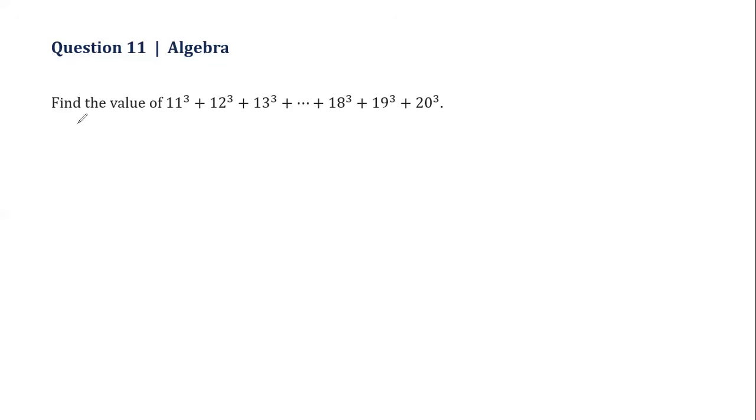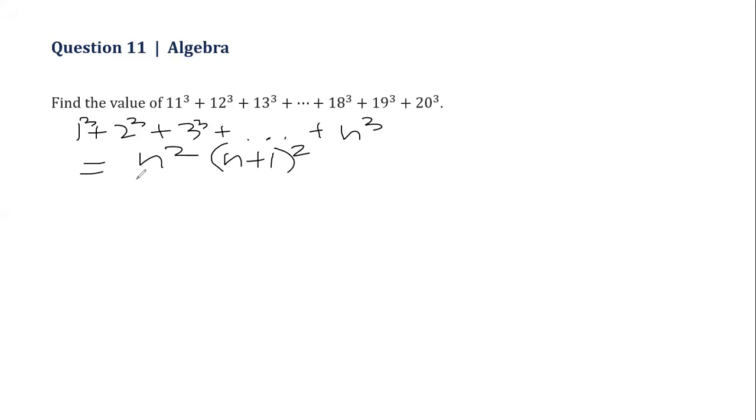So for the cubic case, the sum of the first n cubes, the formula for this is n times n plus 1, squared, over 4.